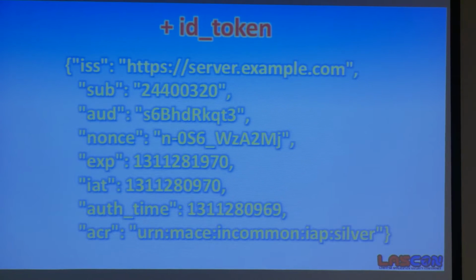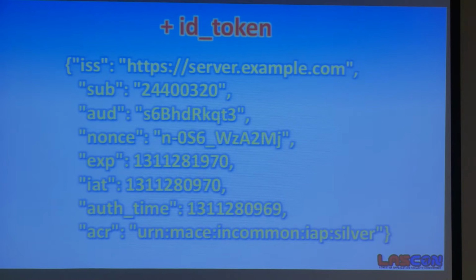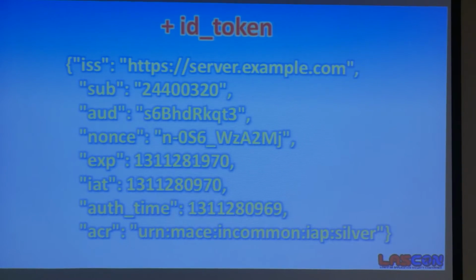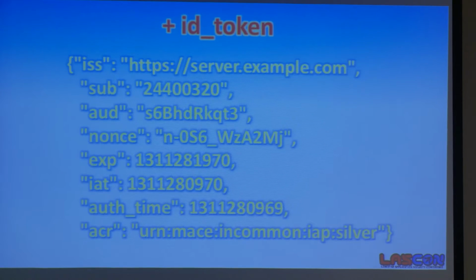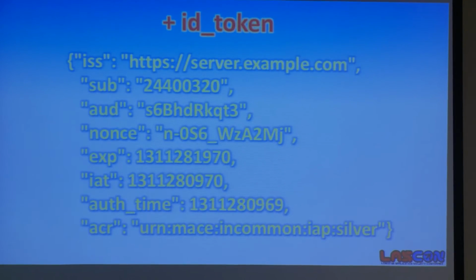And that could be your Gmail address, or it could be some type of other pairwise non-correlatable identifier. The audience is, who was this token issued to? If the token was not issued to you, your client ID, you should throw that token out. When does this token expire? When was it issued? When did the person authenticate?